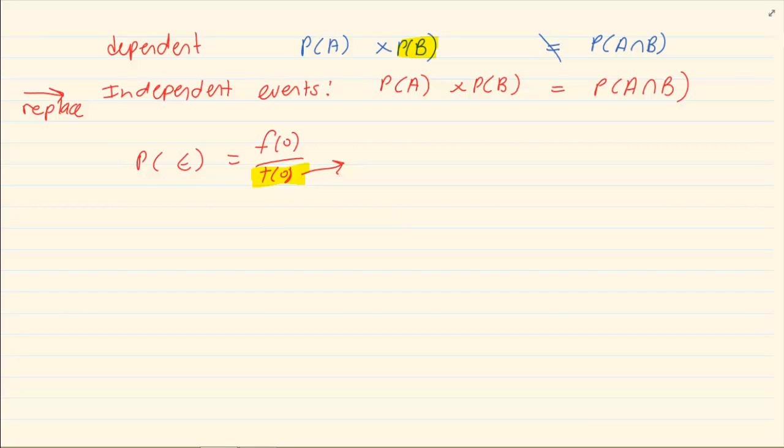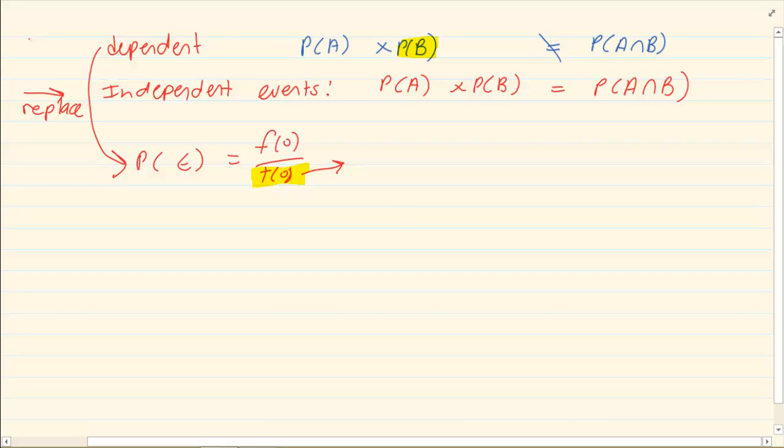If I take a ball out of the bag and put it back, I still have the same amount of balls I started with. But if I don't put it back, then I don't have the same amount. That is why when you're working with dependent events, the probability of A and B is not the same. That was the first thing we discussed.